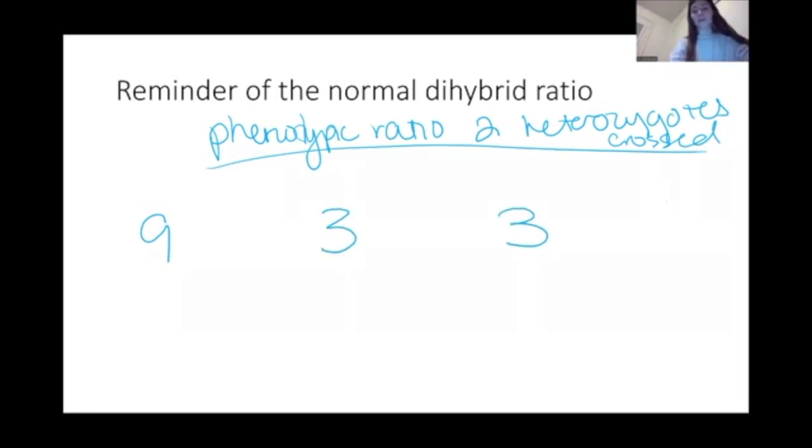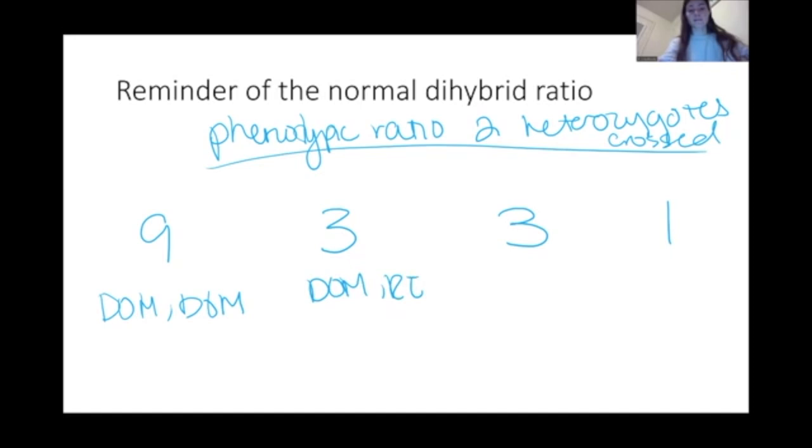And we're going to talk about what each of these numbers mean again. It'll be important whenever we go into the epistatic stuff. So this 9 means you have both dominant alleles. For example, if I was talking about hair color and eye color, where brown is dominant to blonde and brown is dominant to blue, the 9 would be brown hair, brown eyes. 3 is dominant recessive.